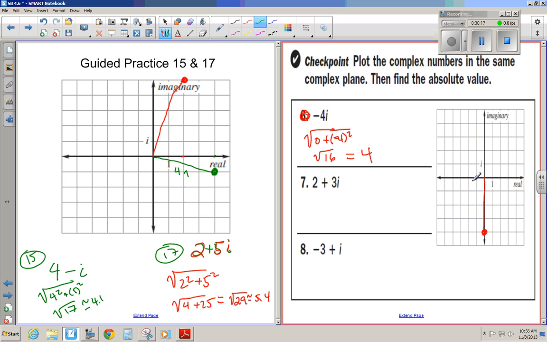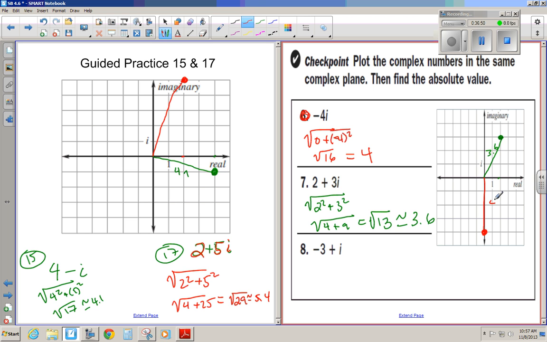2 plus 3i, that's 2 plus 3i. You end up doing the square root of 2 squared plus 3 squared, which is 4 plus 9, which is equal to the square root of 13. The square root of 13 is approximately 3.6. Distance from here to here, 3.6.